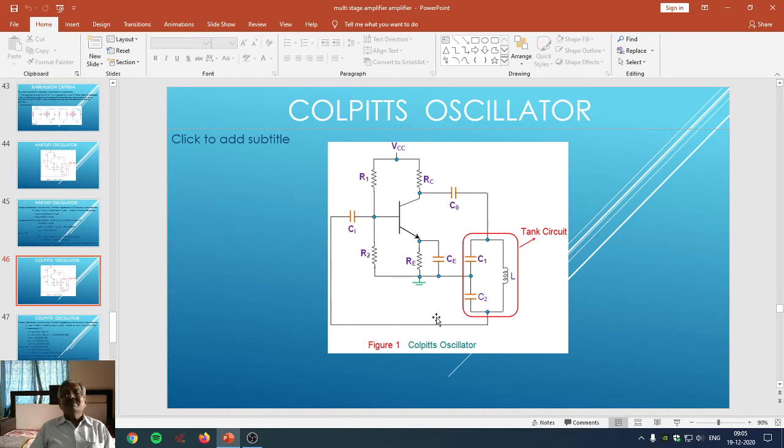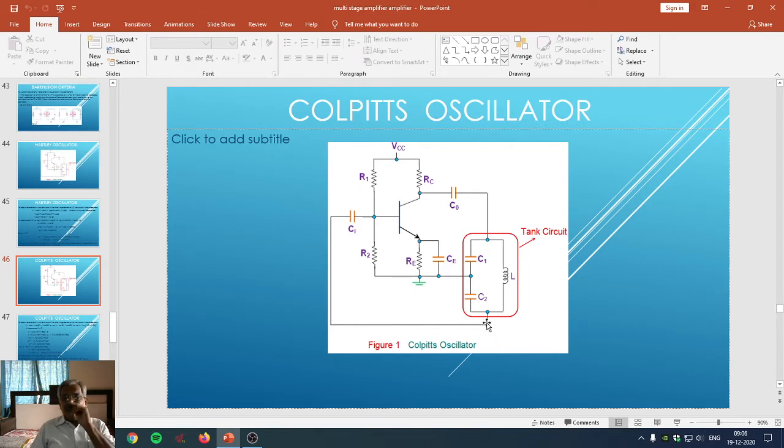Along with this, the combination of C1 and C2 in series with the ground tapping at the center, and inductance L in parallel to that, is referred to as the tank circuit. It is connected between the output and the input.